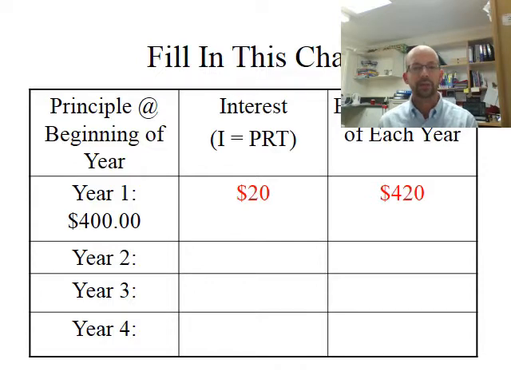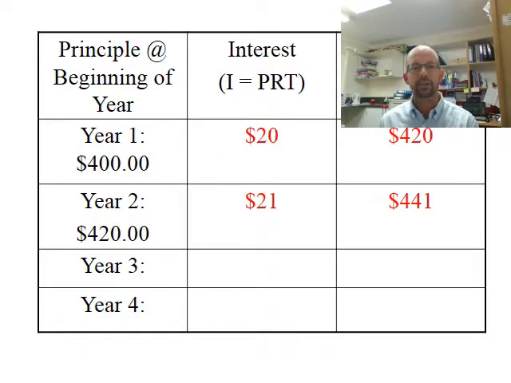Now that balance will become our principal for the beginning of the second year. And so in the second year, because we started with a higher principal, we have a slightly higher interest payment for that year. So now our new total at the end of the second year is $441.